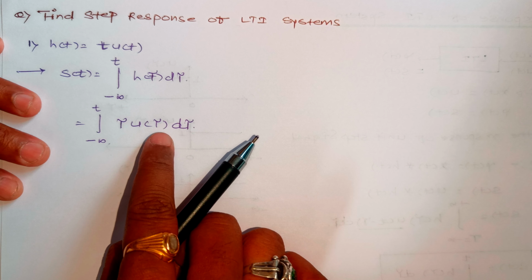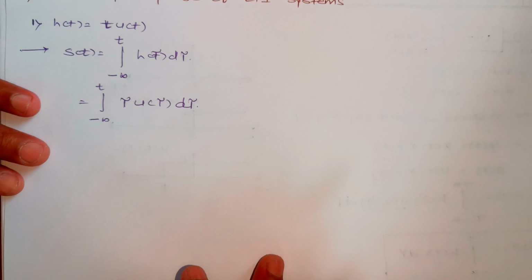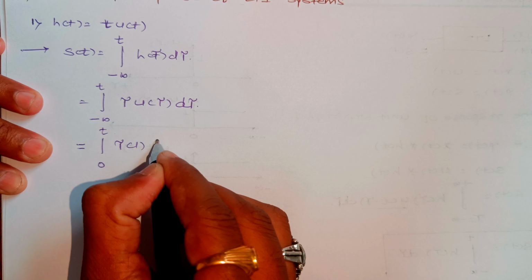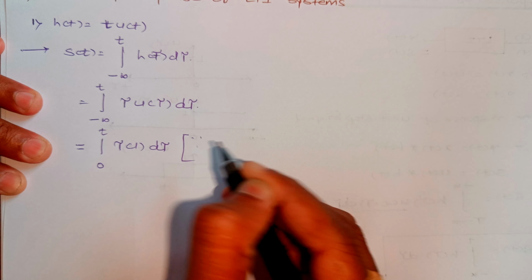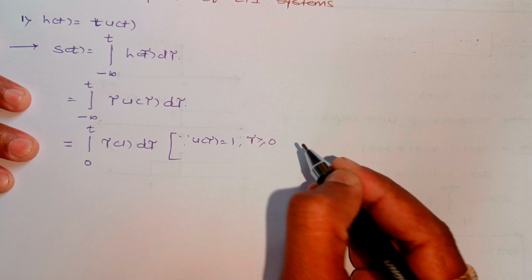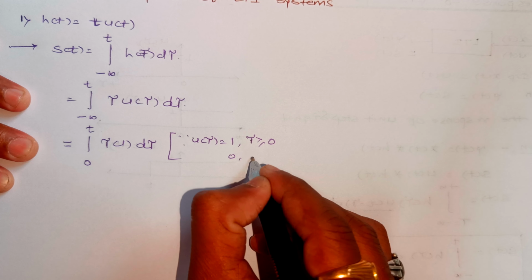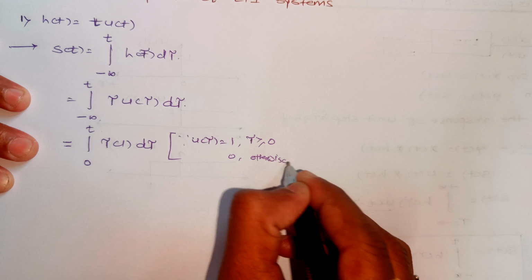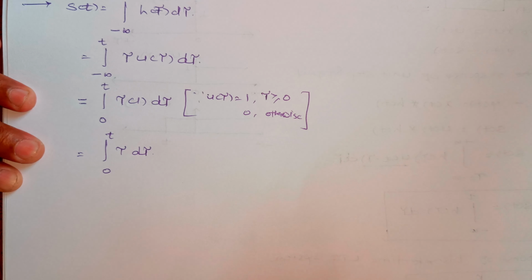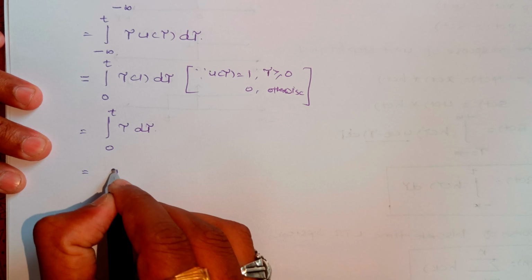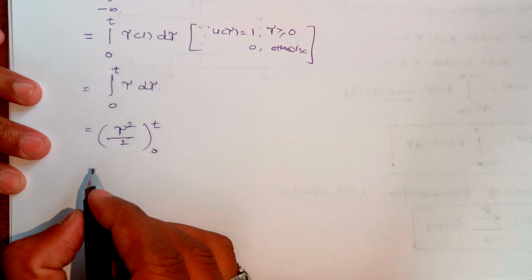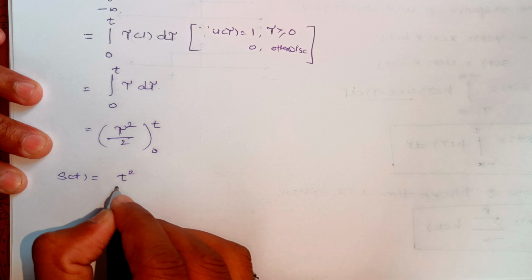Now u of tau is given, so the limit changes from zero to all possible positive values of t. So the limit will be from zero to t, tau into 1 into d tau. As you know, the value of u of tau is 1 for tau greater than or equal to 0, otherwise it is 0, that is, for negative values it will be 0. So based on that this integral will be tau into d tau. Now if we take the integral of tau, it will be tau square by 2 with the limit 0 to t. So when I put upper limit as t, we'll get the answer as t square by 2.